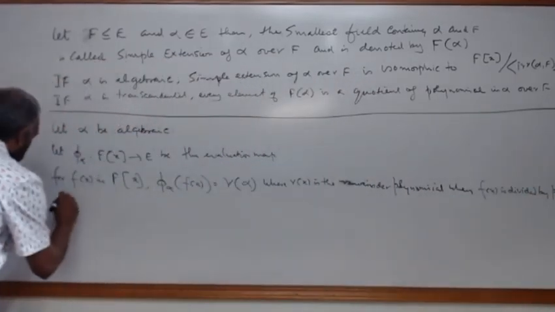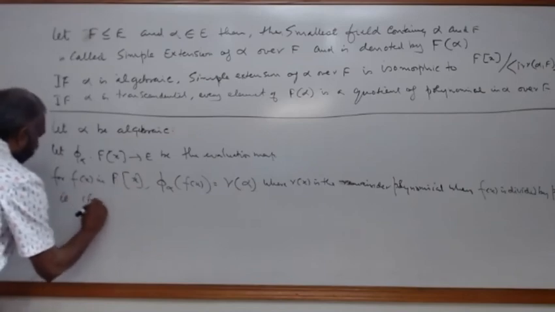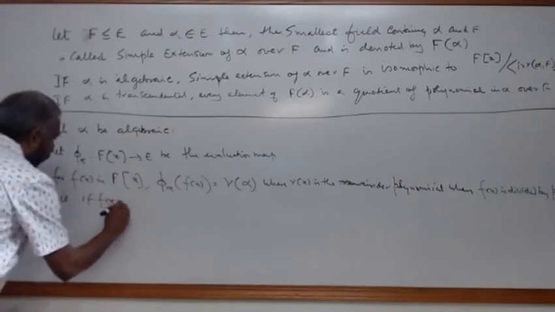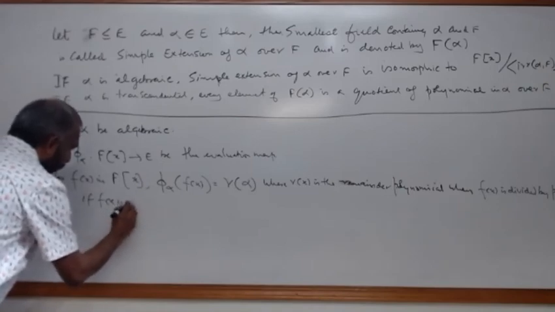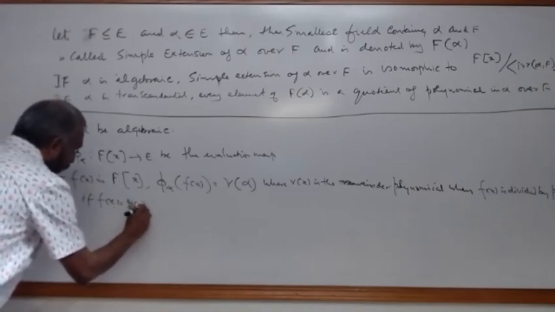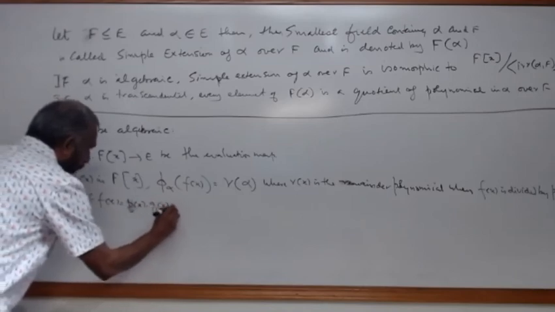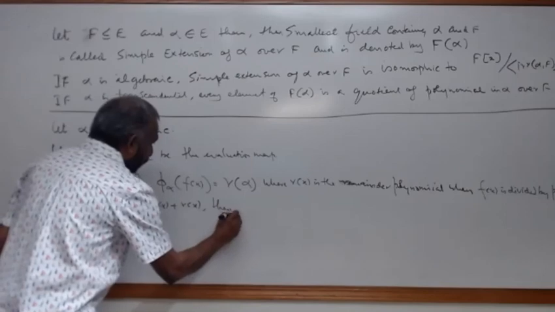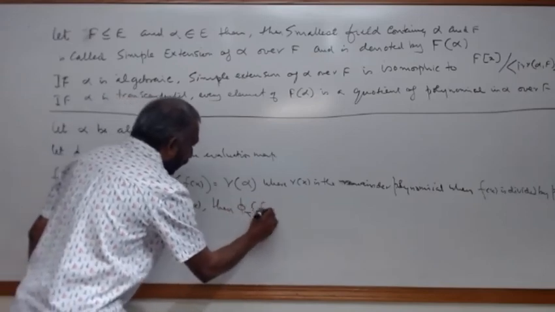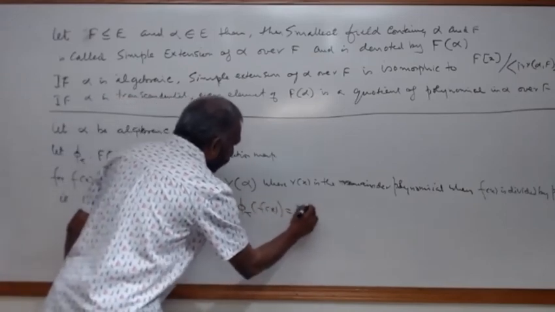That means if f(x) equals q(x) times p(x) plus r(x), then phi alpha of f(x) is equal to r(alpha).